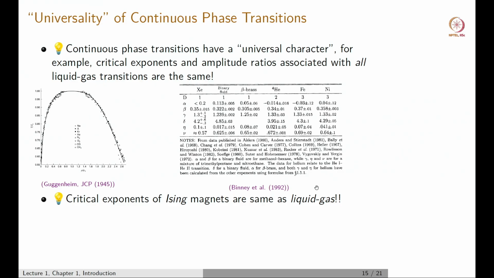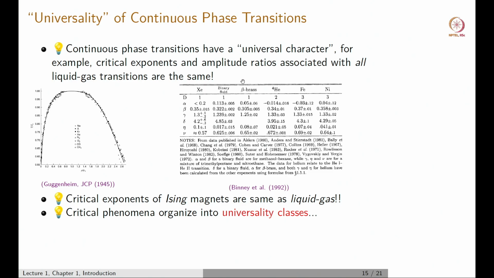Now here is something absolutely remarkable. If the magnet were what is called an Ising magnet, we will see more details later on what an Ising magnet means, the critical exponents of the Ising magnetic transition would be the same as that of the liquid gas. So it even forgets that one was made of spins and the other was made of atoms and molecules. Like I said, these critical phenomena organize themselves into universality classes. What are universality classes?